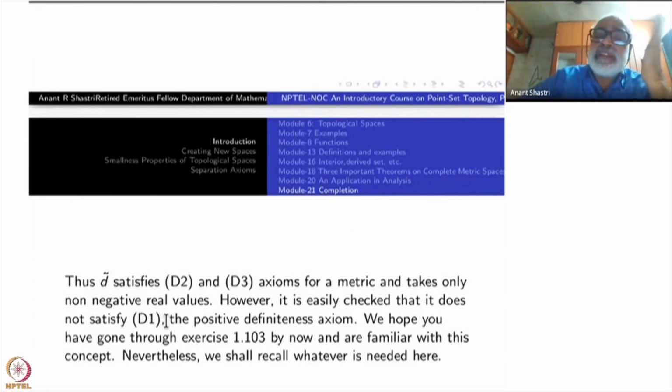This is one of the exercises given to you earlier. If you have spent some time on it, even if you have not solved it completely, these things should be easy for you to understand now. In any case, whatever is needed here in the proof of this theorem, I am going to explain it, okay?